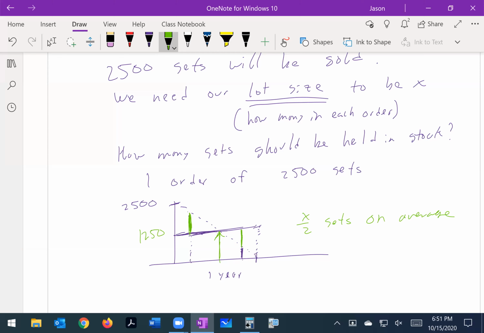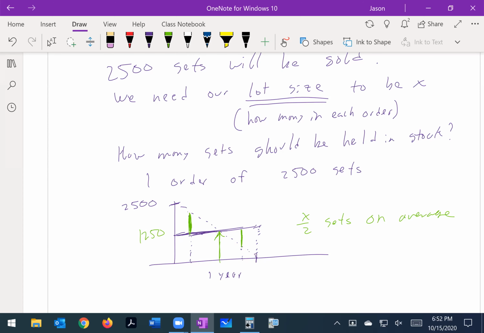On average, I will have 1,250 sets on hand. I'll have more in the beginning, which will increase my storage cost, and less at the end, which will decrease my storage cost.